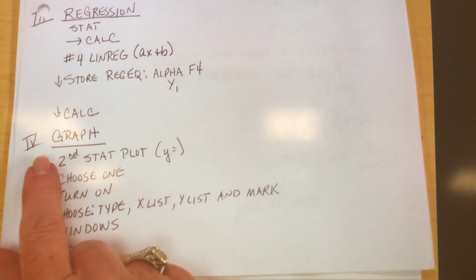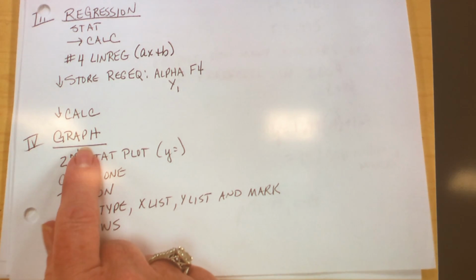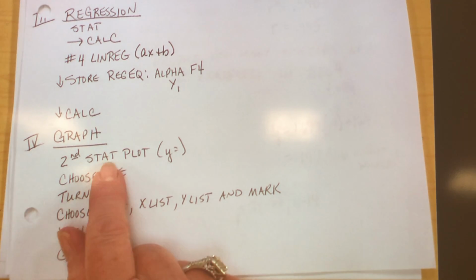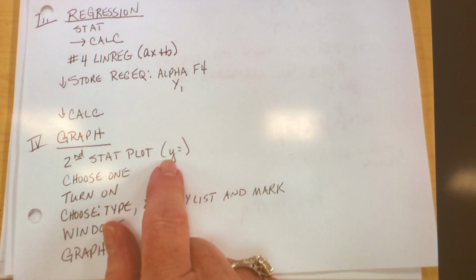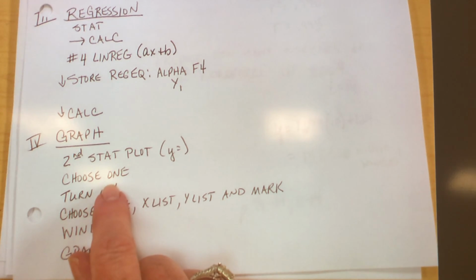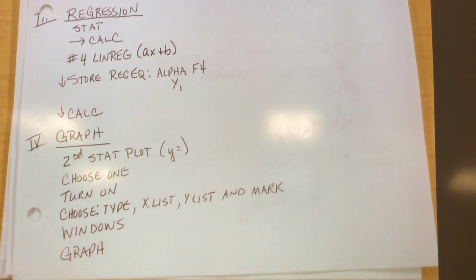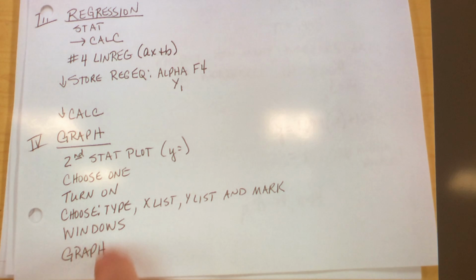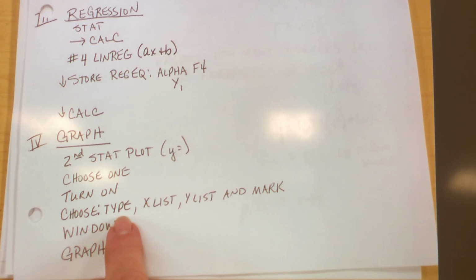Okay, so the last thing you're gonna do is we're gonna look at a graph. So you're gonna go second and stat plot. That's the Y equals button. You're gonna choose one. It's gonna have stat plot 1, stat plot 2, stat plot 3, whatever. You just choose one. You're gonna turn it on, and then you're gonna choose the type of graph.